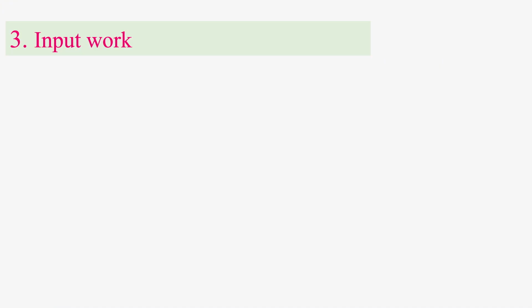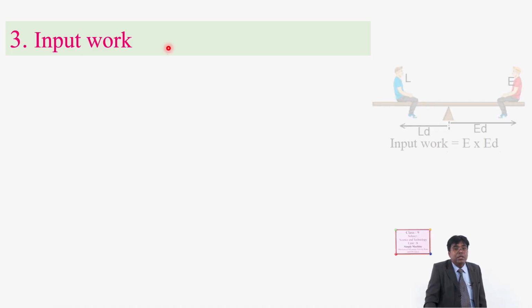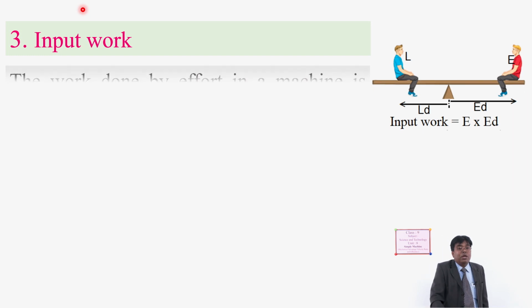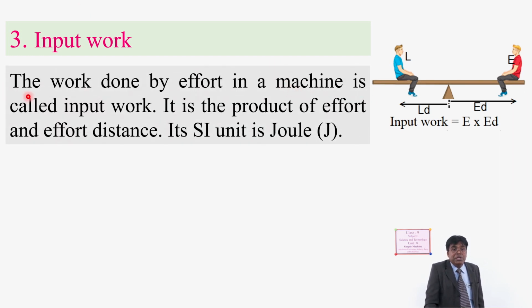The next term is input work, that is the work done by effort in a machine is called input work. Okay, so you know about work. Work is the very simple formula, work equals force into distance. Here it is input work, so again it is the product of force and distance.